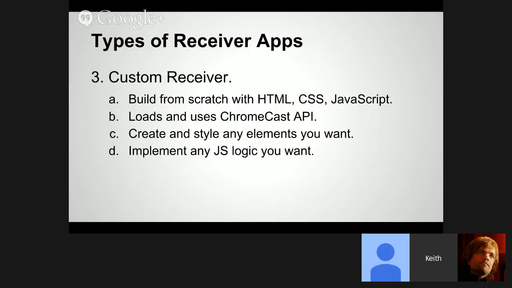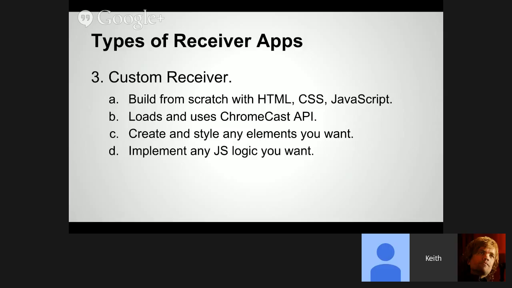And then the third type of receiver is the most complex, the custom receiver. And this is basically you do everything from scratch. You create an HTML document, you give it styles, you create JavaScript that does the logic. There's a Chromecast API that you load. It's a JavaScript API. You just add it as a script tag in there.